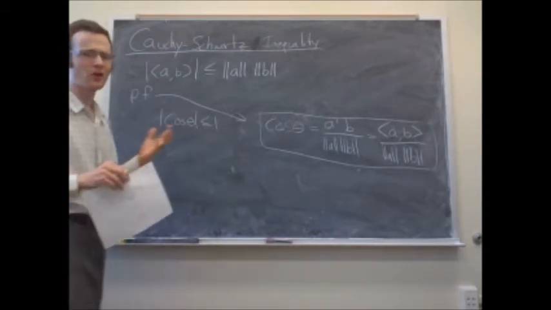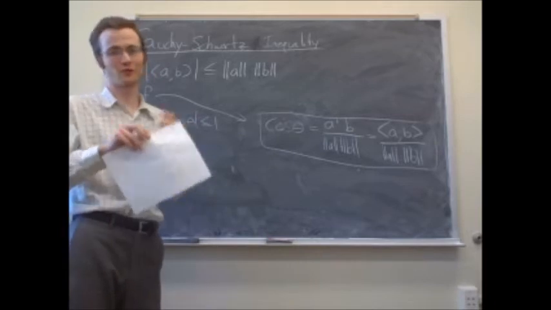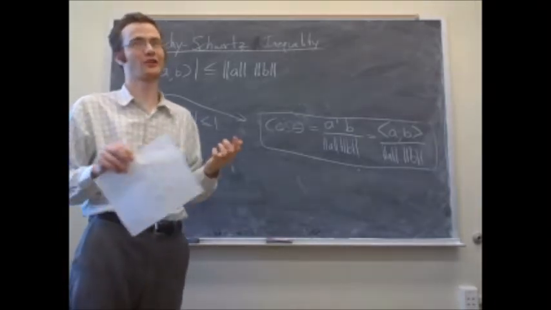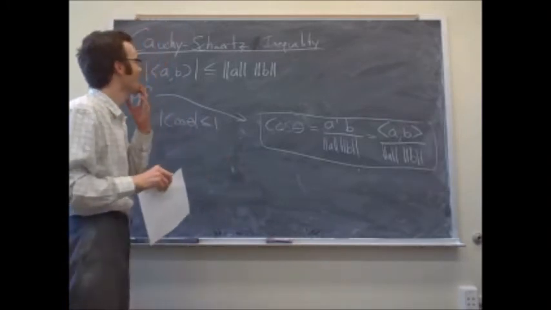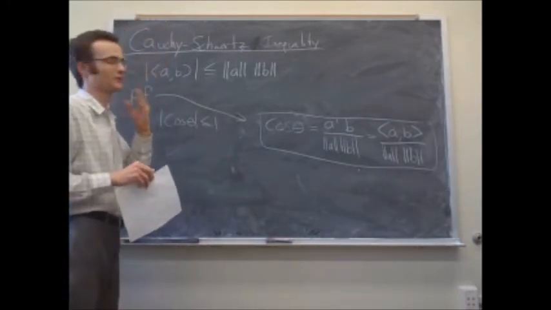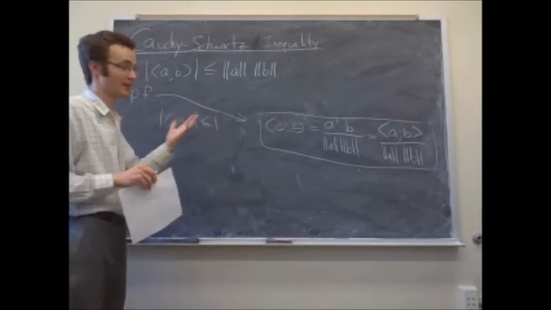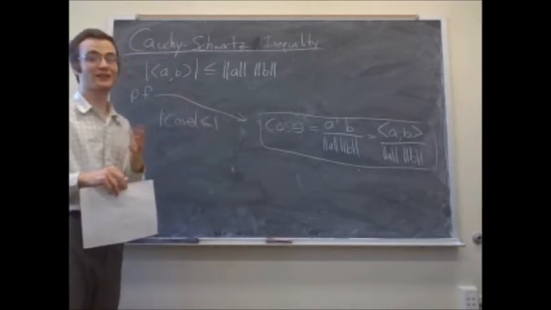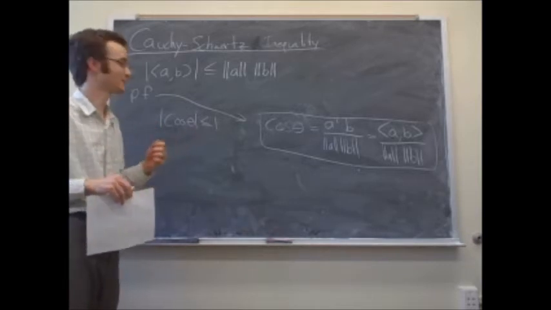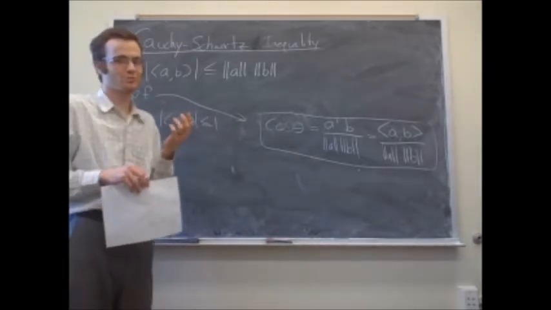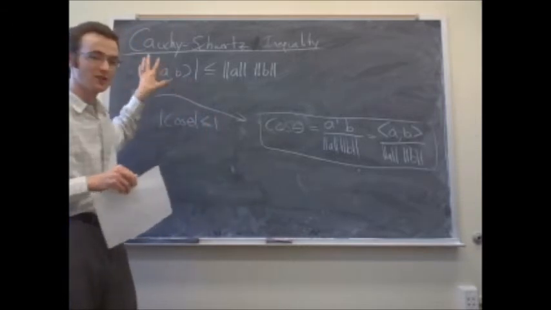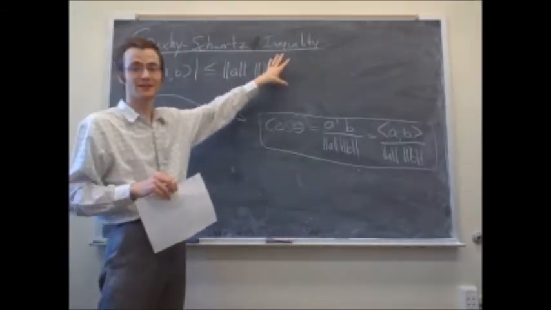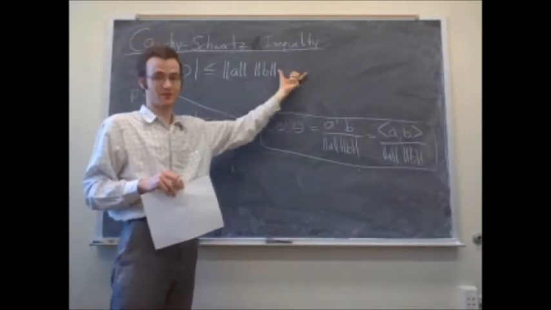But at the same time, I should mention there are 2 or 3 or 4 or 5 other proofs of this, just like there's 100 proofs of the Pythagorean theorem. For instance, in my 170A class last term, I used a completely different proof. We didn't talk about angles at all. And there's actually a whole other proof in the book, a second proof, but it gives you the same thing. Inner products give you lengths, and then they also give you an angle.